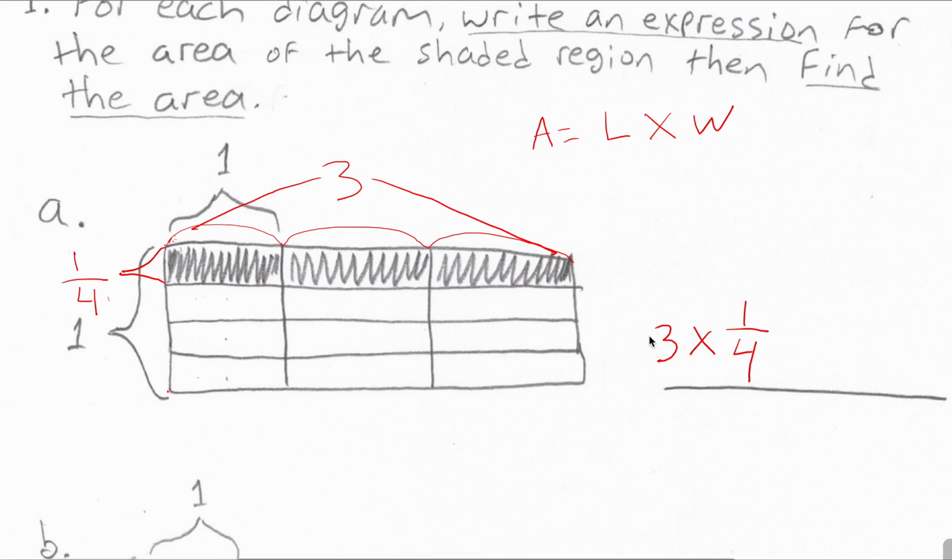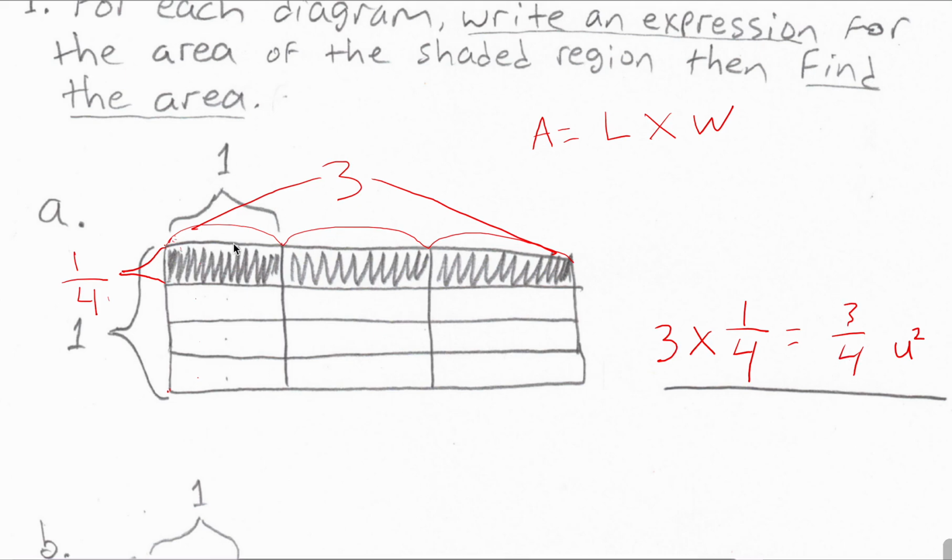We're going to multiply this whole number by the numerator, and we're going to keep our denominator. And we're going to get 3/4 square units. I'm just going to put a U with a 2 there to represent square units.